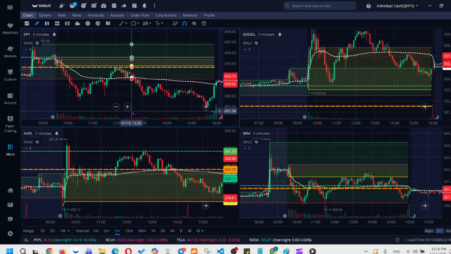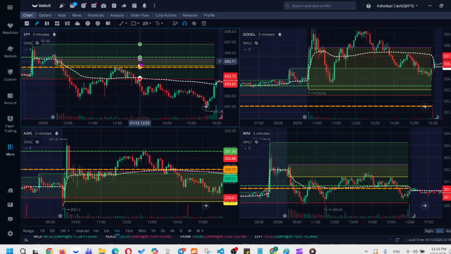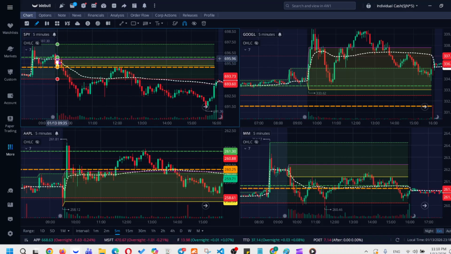The green line and red line over here are for the pre-market high and low, and the yellow line, shaded in a yellowish shade, is for the opening range. This is for the first 5 minutes, but it can be changed to 15 minutes or 30 minutes or whatever time interval one chooses to use.